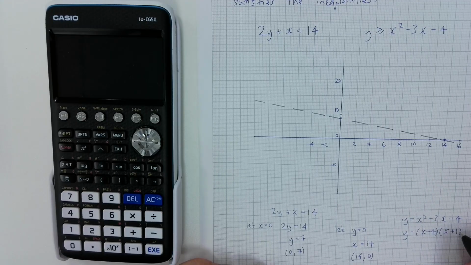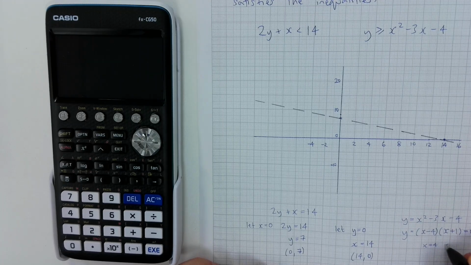So minus 4 times plus 1 is equal to minus 4, and minus 4 plus 1 gives us minus 3. So those are our magic numbers. If you're trying to work out where the x-intercepts are, then you make that equal to 0. So either x minus 4 must equal 0, so the x-intercept is 4, or x plus 1 equals 0, so the x-intercept is minus 1.